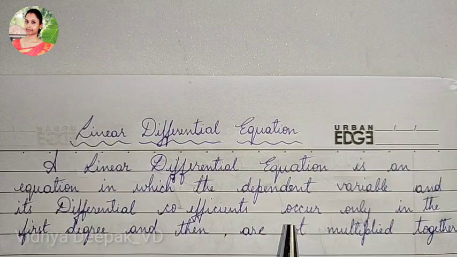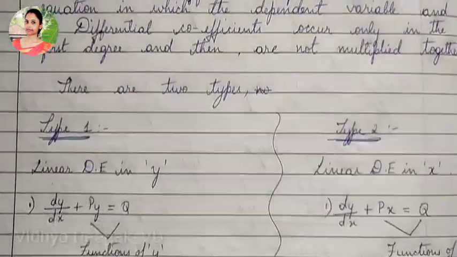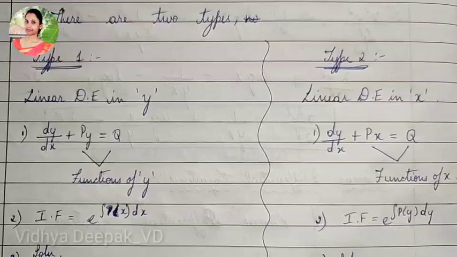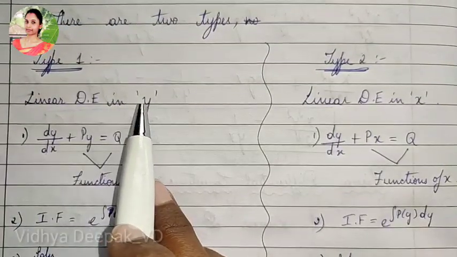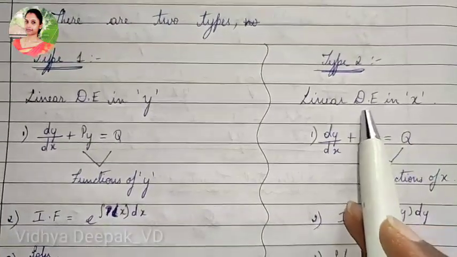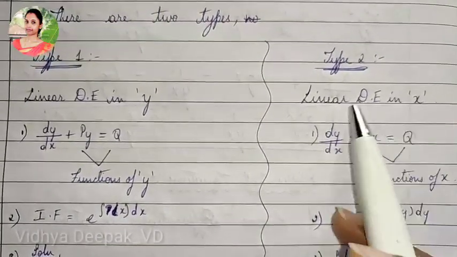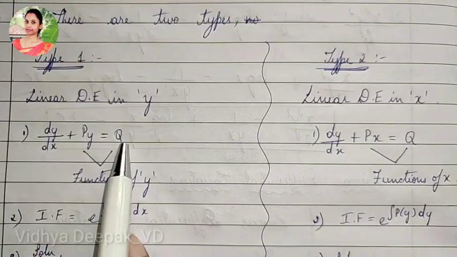There are two types of linear differential equation here. One type is the linear differential equation in the function y, and the second type is in the function x. So you will have a question like this: dy by dx plus py is equal to q.